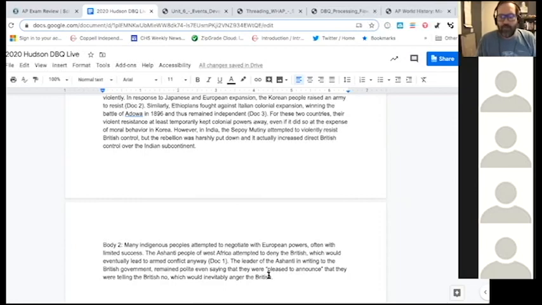But no, you're just analyzing how the source is reflective of historical situation, intended audience, purpose, or point of view. And in this case, they did not write a letter where they were rude and nasty, because they were writing it to the British government and they wanted to remain. And so this is probably what I might need to say: the Ashanti hoped to remain in the good graces of the British even after saying no. Okay, so that seals the deal and gets my intended audience or my purpose analysis.